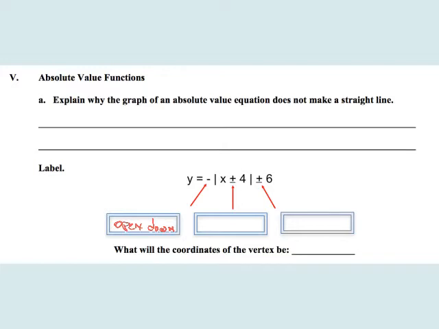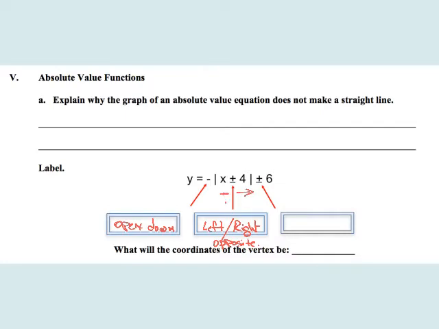The second symbol indicates whether the vertex will go left or right. And that is always the opposite. So if it's -4, it goes to the right.